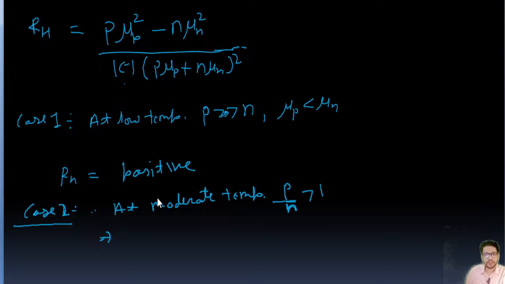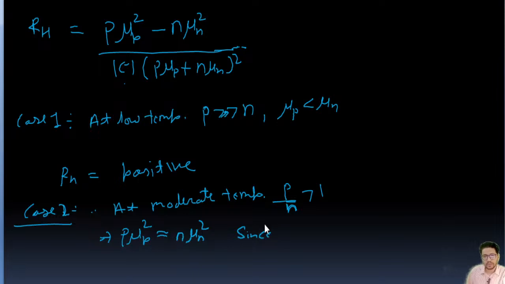So in that case, P mu P square is going to be almost equal to N mu N square, because this ratio is greater than 1.